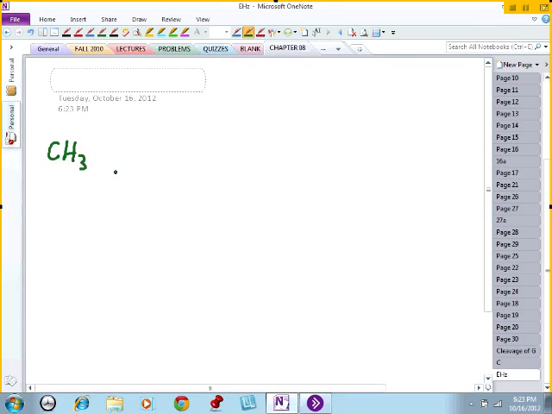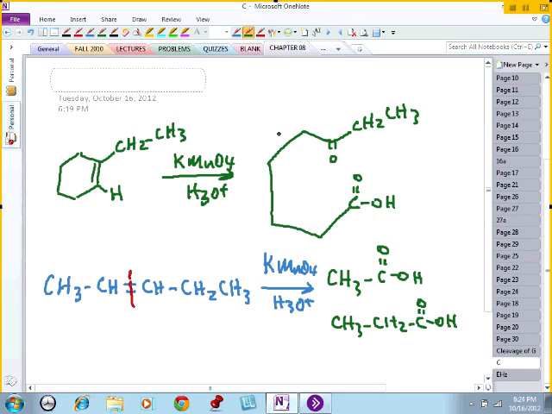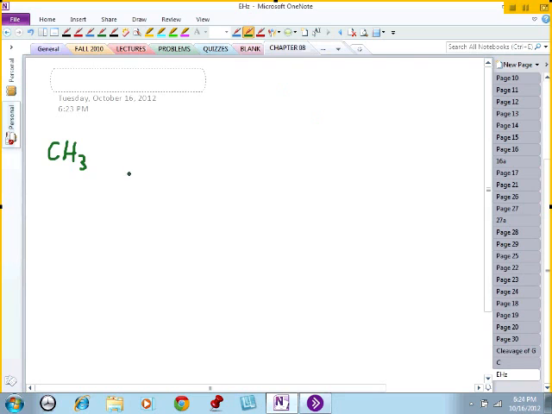I'll give you one more second. Okay, so you see here, essentially what we are doing is splitting the carbon-carbon double bond to get, in this case, 2 carboxylic acids. Okay, in another example, supposing we have this.